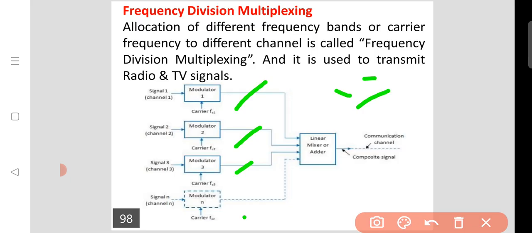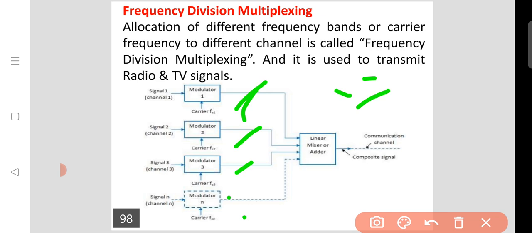Here, in channel 1 signal 1 is present, in channel 2 signal 2 is present, in channel 3 signal 3 is present, and so on. The different channels, that is, different message signals, are fed to one of the inputs of the modulators. There are n parallel modulators.